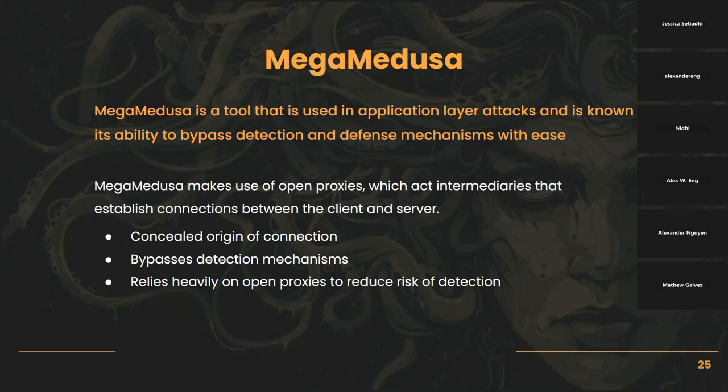Now, proxies kind of act as a middleman between the client and server, and are used to enhance security of the client, usually by hiding the IP address. What this does for Mega Medusa is conceal the origin of the connection and also bypass some detection mechanisms. It is one thing to note that Mega Medusa does rely heavily on open proxies. Without it, it's not really as dangerous.